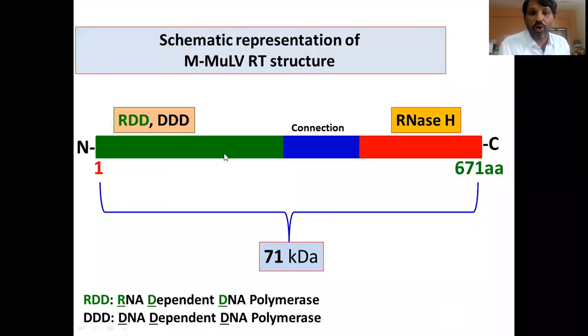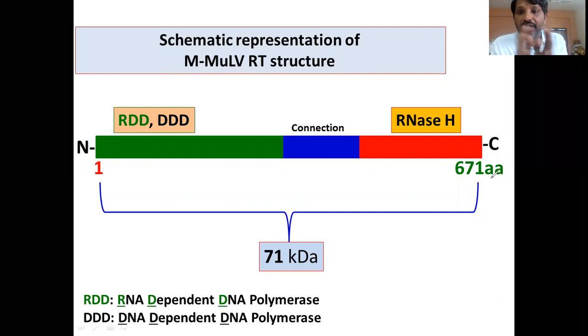You see, this is a schematic representation of the murine leukemia virus reverse transcriptase structure. This is a 371 amino acid single polypeptide.